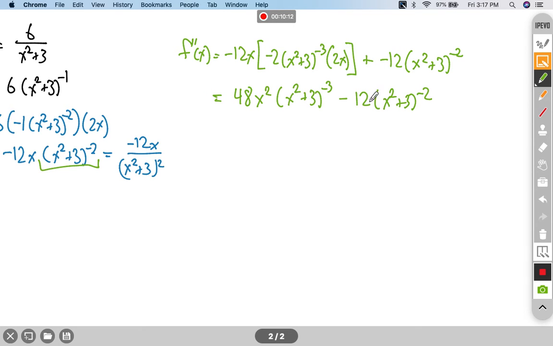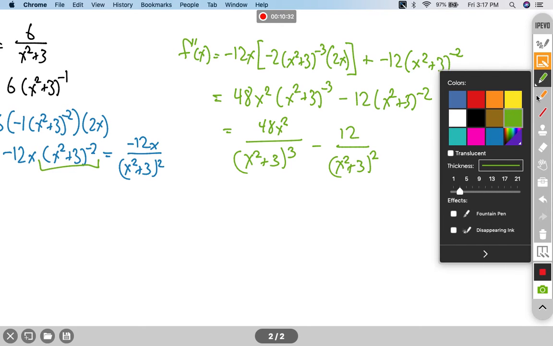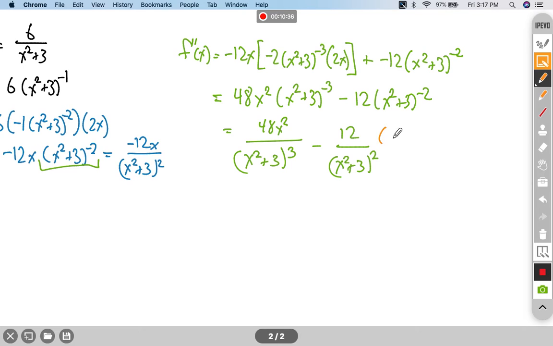Now, I'm going to take this back to fraction form because it might be a little easier to combine those. 48x squared over (x squared plus 3) cubed, minus 12 over (x squared plus 3) squared. If I want a common denominator to combine those, I have to multiply this by (x squared plus 3).